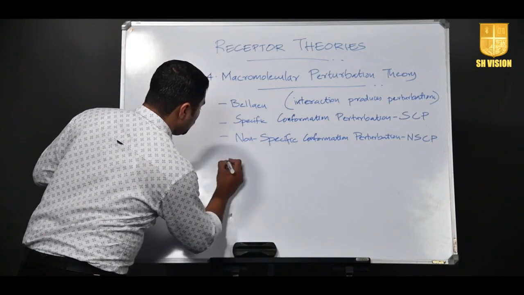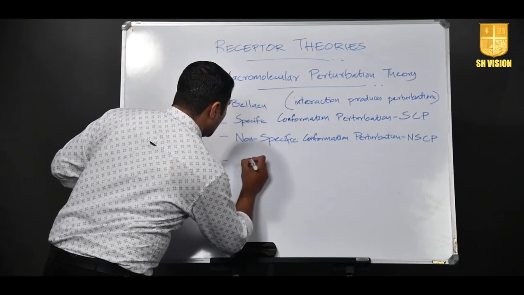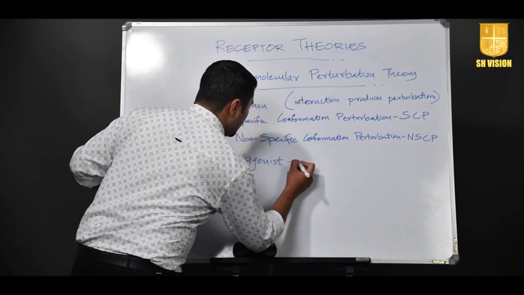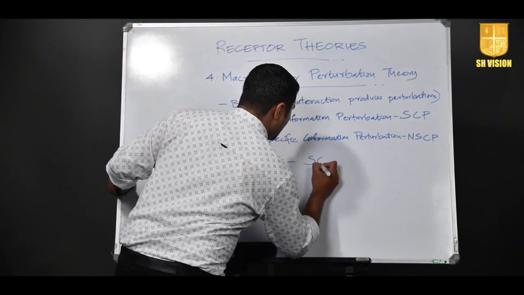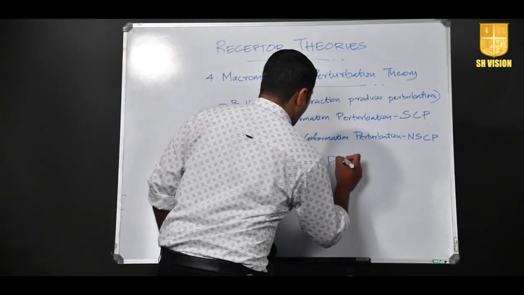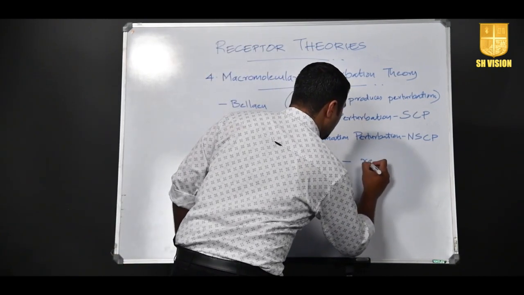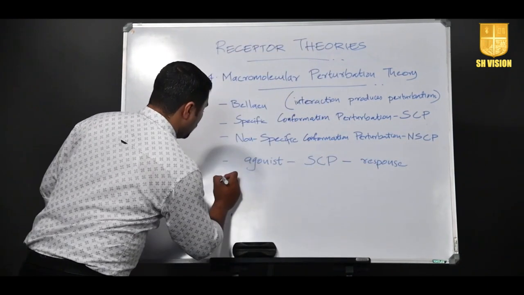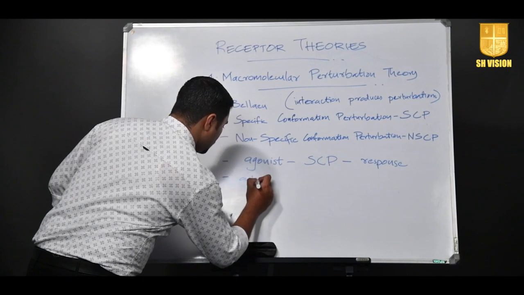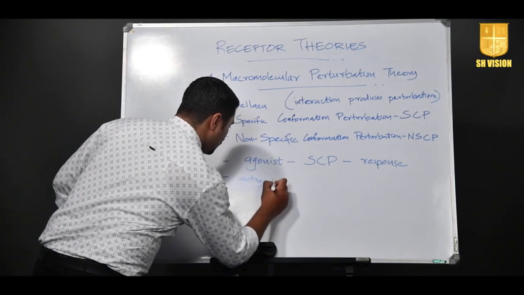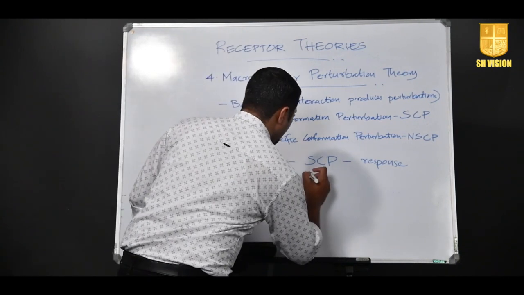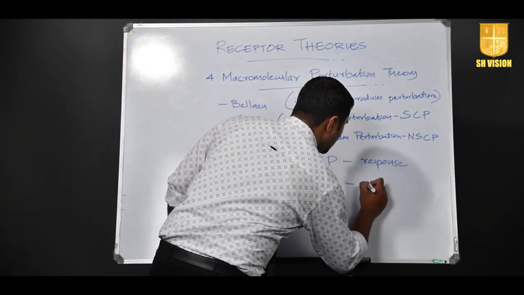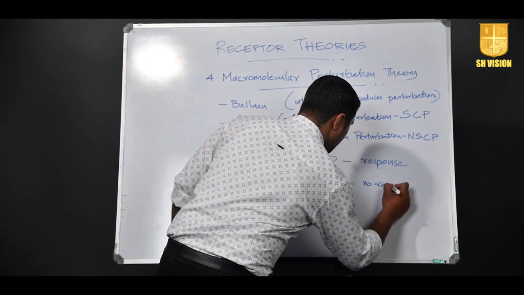So, for an agonist, an SCP will happen and a response will be there. While for an antagonist, the perturbation is NSCP and you will get no response.